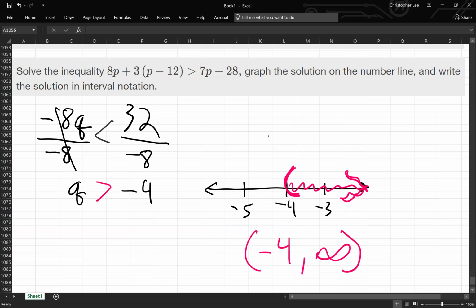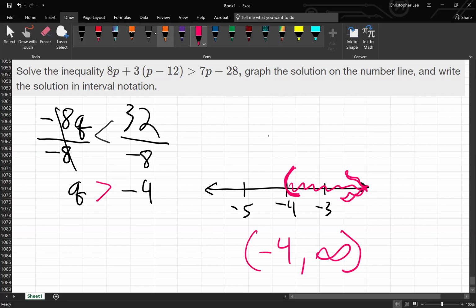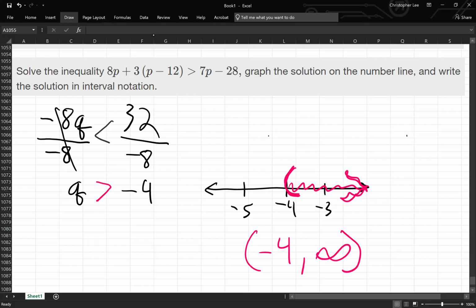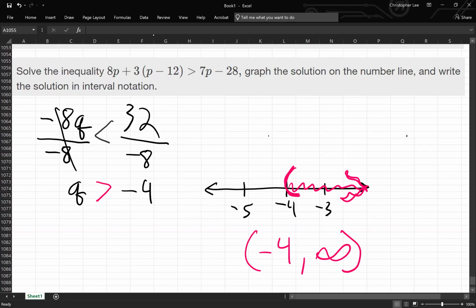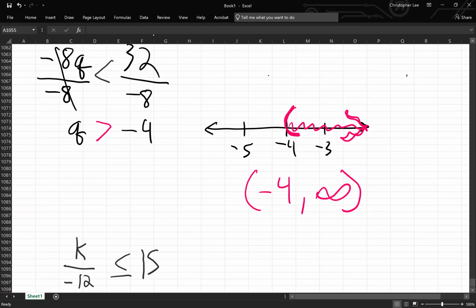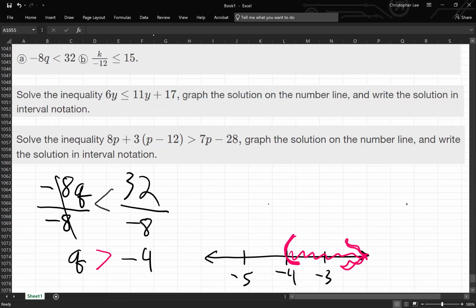All right, we're gonna flip our sign and we're going to the right. The reason why we're flipping our sign is because we divided by a -8. So now I want to do K over -12 is less than or equal to 15.